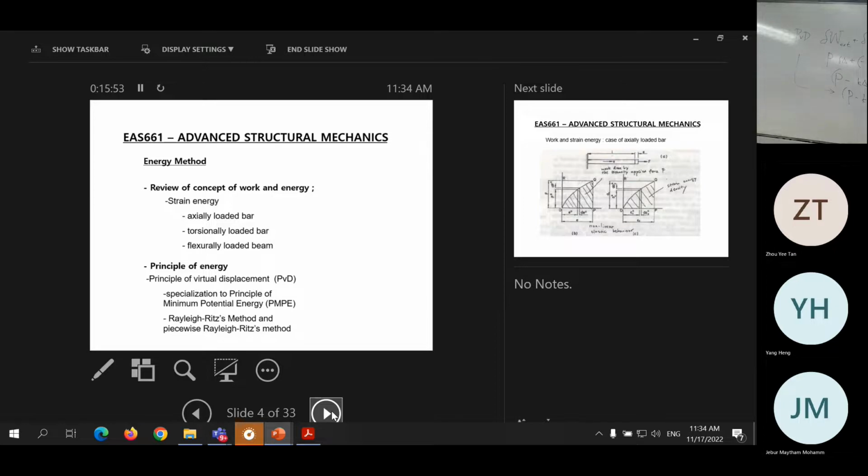Flexurally loaded, if you bend a beam, then you have energy stored in the beam as well. So this energy is stored, and when you let go, this energy will do work and this bar will go back to the original shape. So we will have to look at what are the strain energy equations for the case of axial deformations, for the case of twisting deformation, and for the case of bending deformations. Okay.